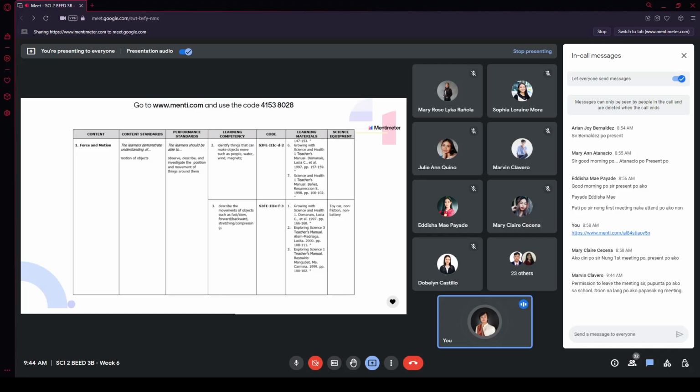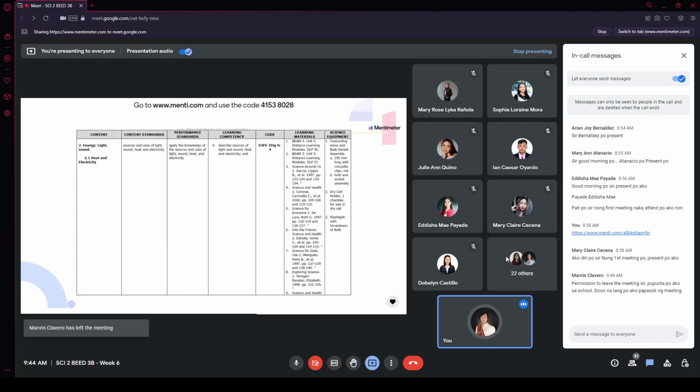And then, next slide, we have, okay, so energy, lights, and sound. So content standards, sources and uses of light, sound, heat, and electricity.